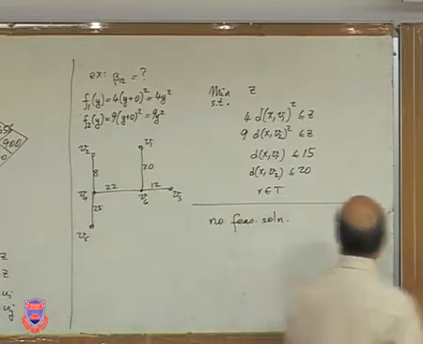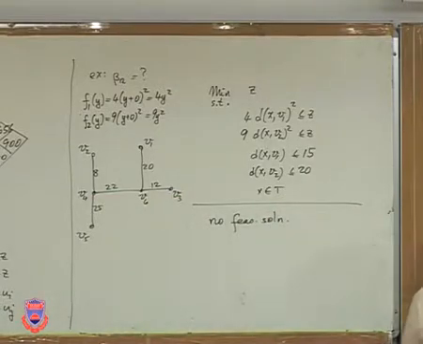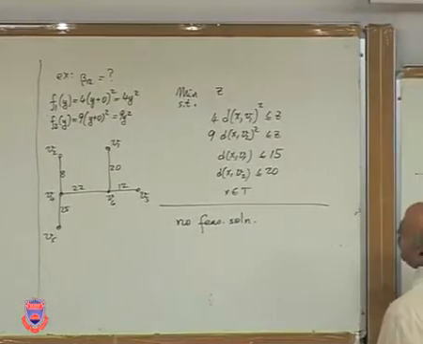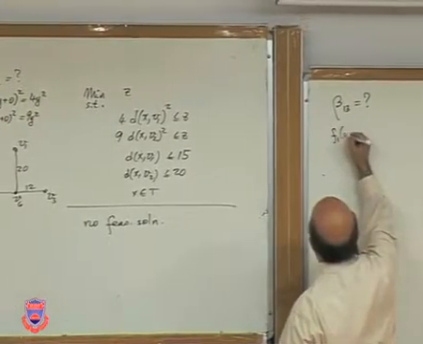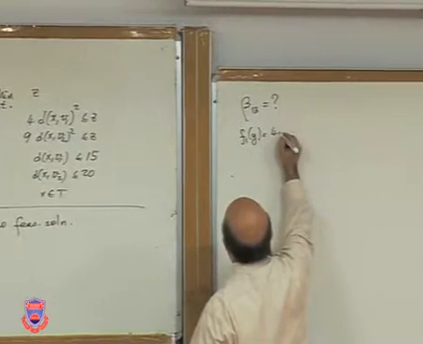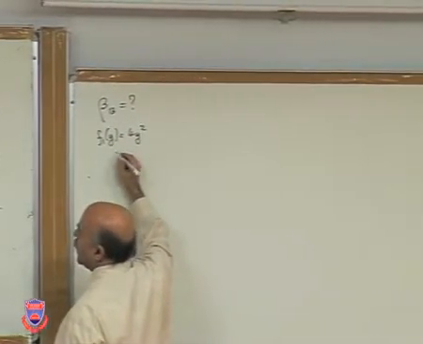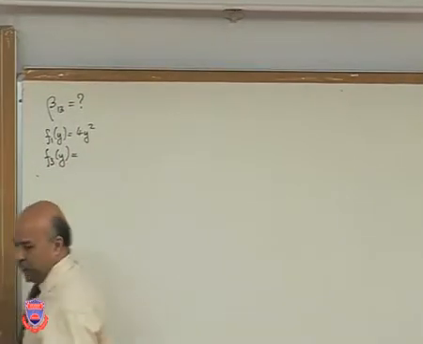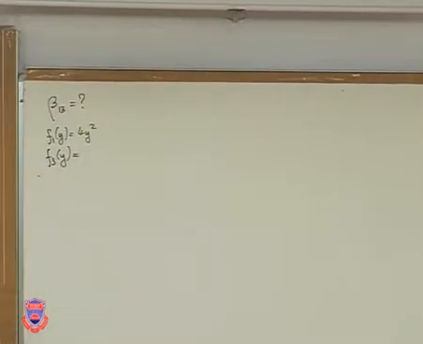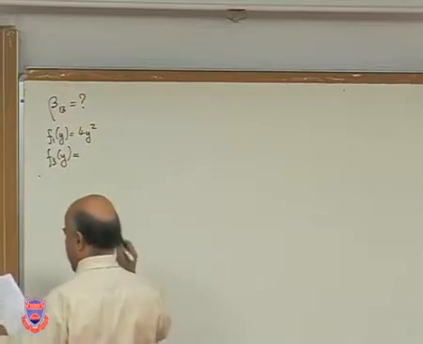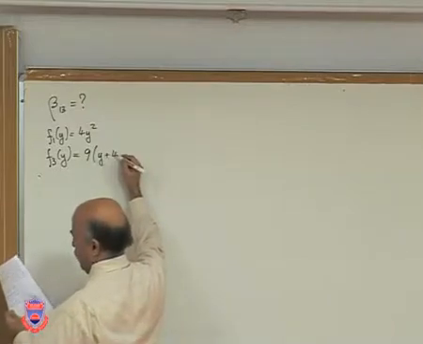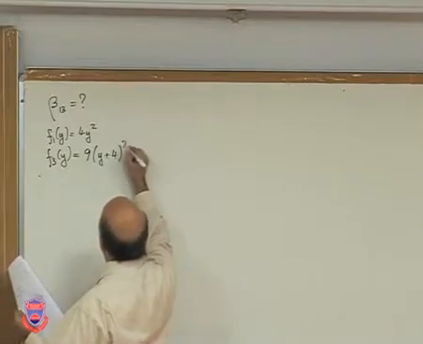So let's look at B13. What is F3? Nine times y plus 4 squared.